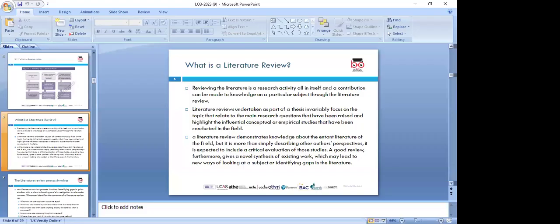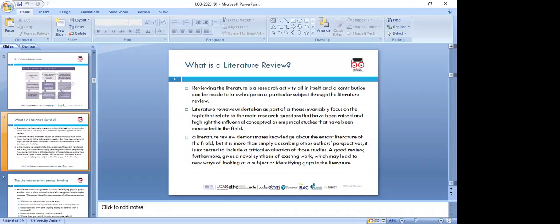Now, reviewing the literature is a research activity all in itself, and a contribution can be made to knowledge on a particular subject through the literature review. A literature review undertaken as part of a thesis invariably focuses on topics that relate to the main research questions that have been raised.